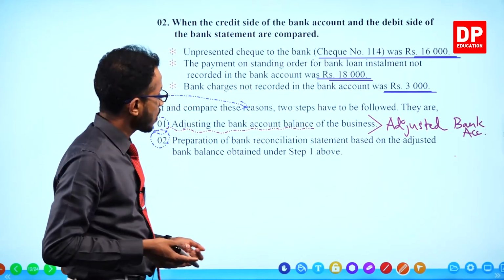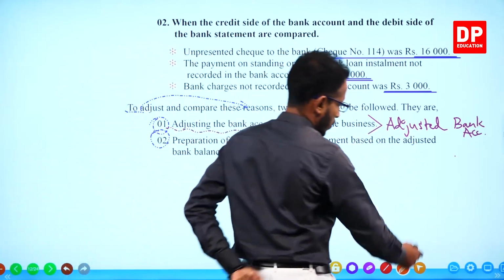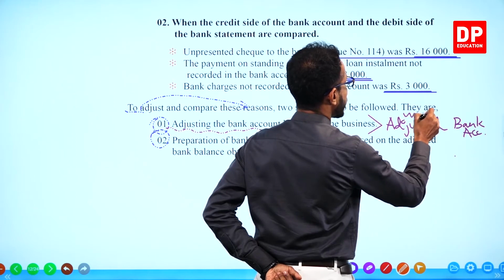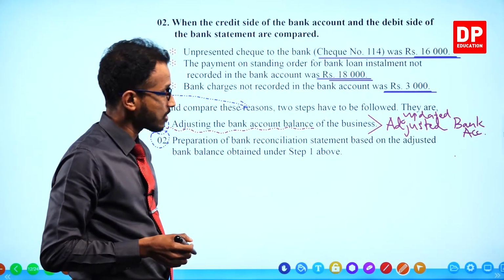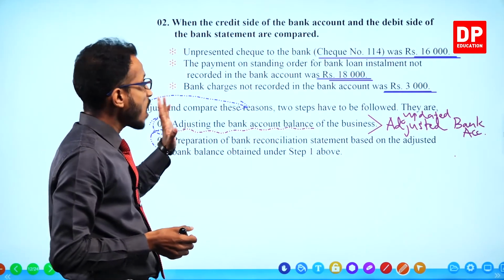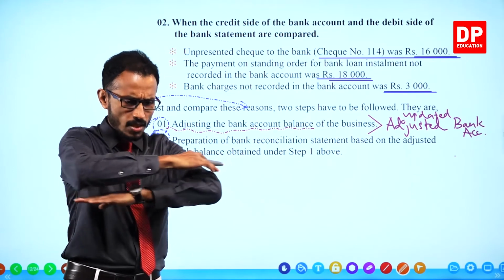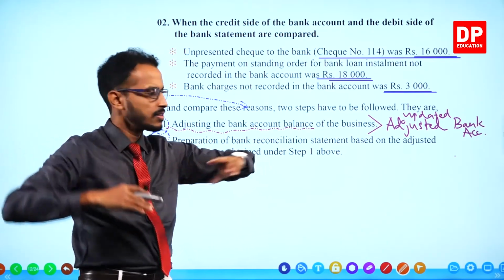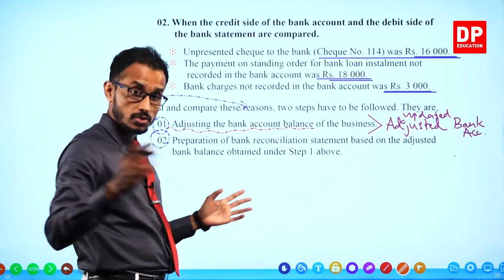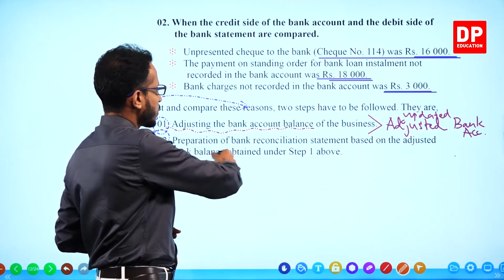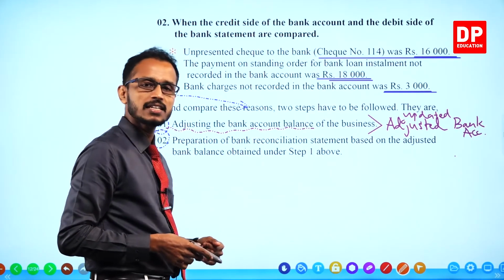Yeah, all right. After you prepare the updated bank account, or adjusted bank account, you have to take that updated balance and reconcile it with the statement balance. To do that, we prepare the bank reconciliation statement.